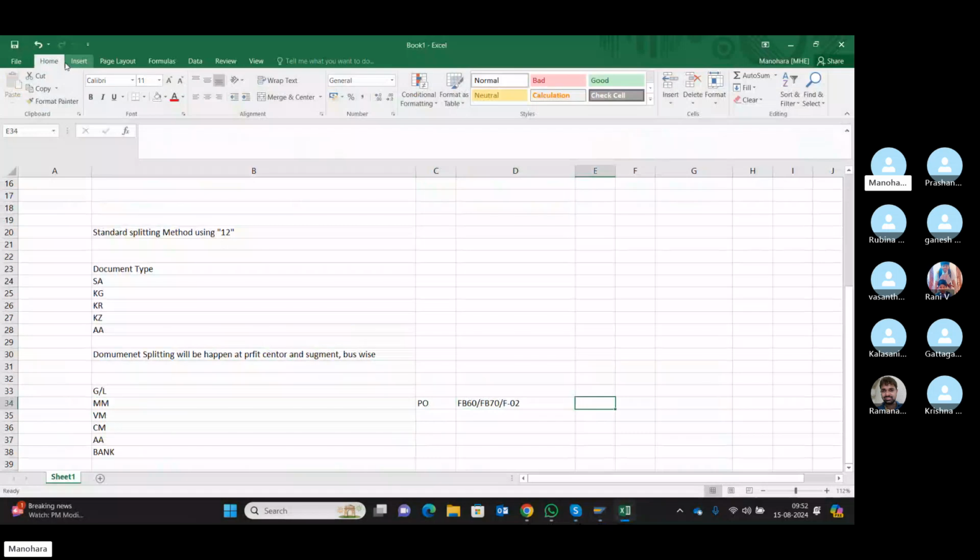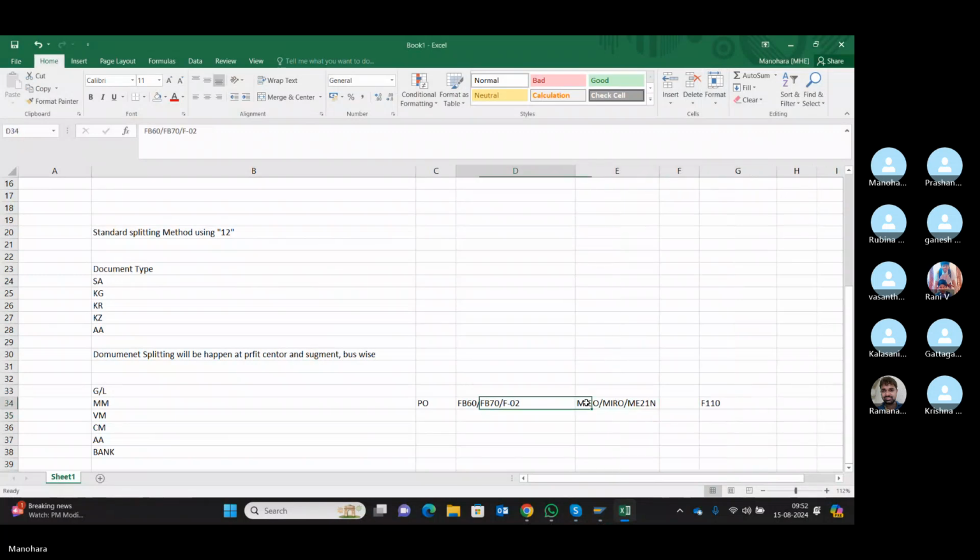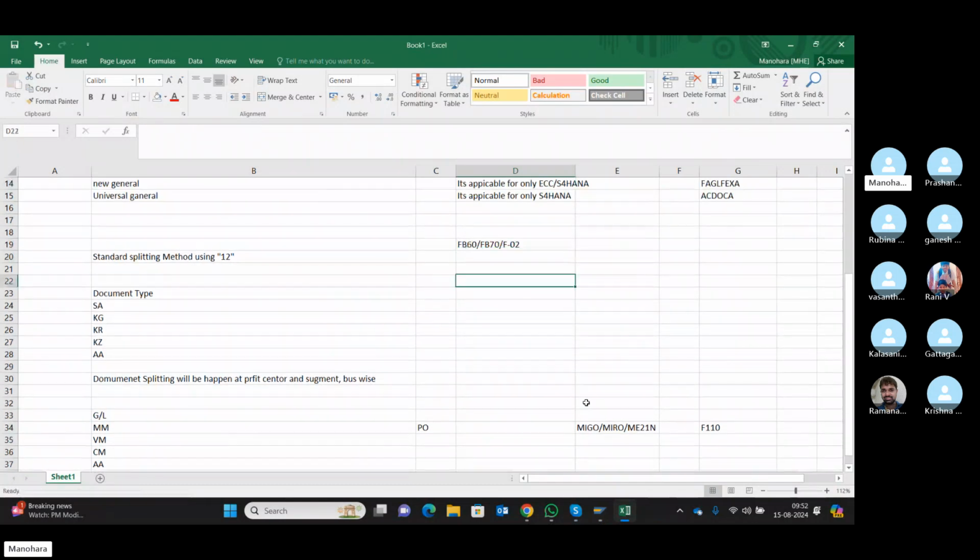Only MIGO, MIRO, ME21 and PO, and F110 happen here, because this is MM integration. These FI T codes will not come here.